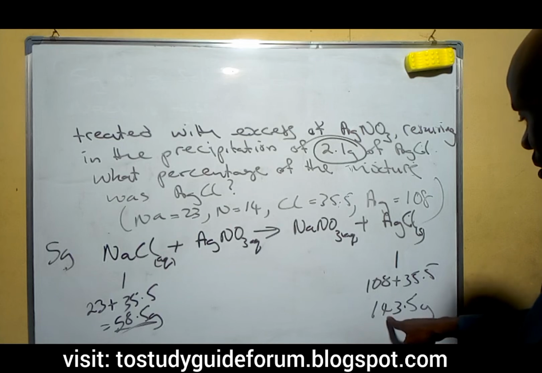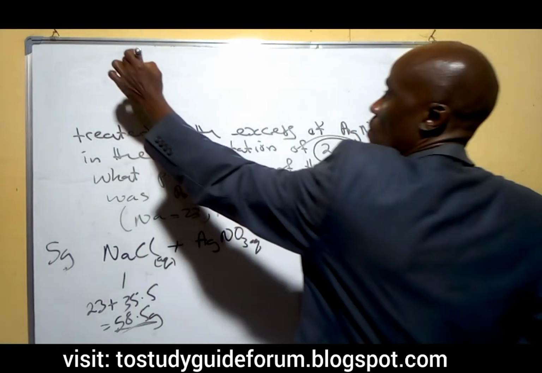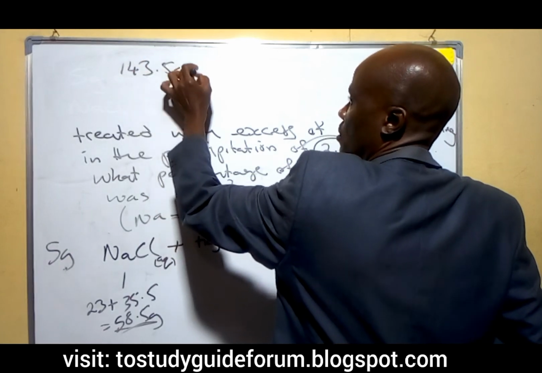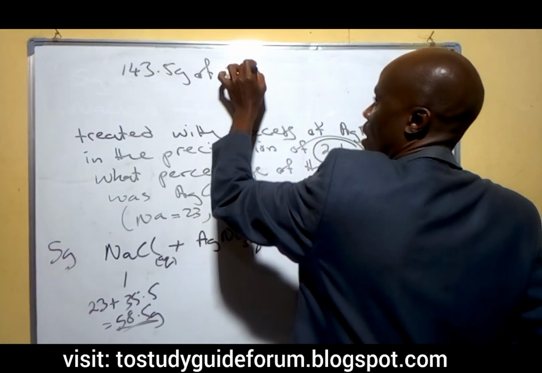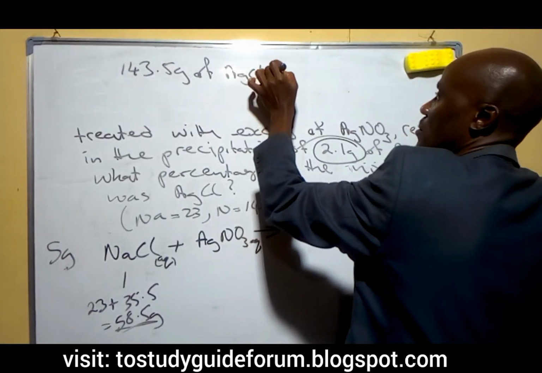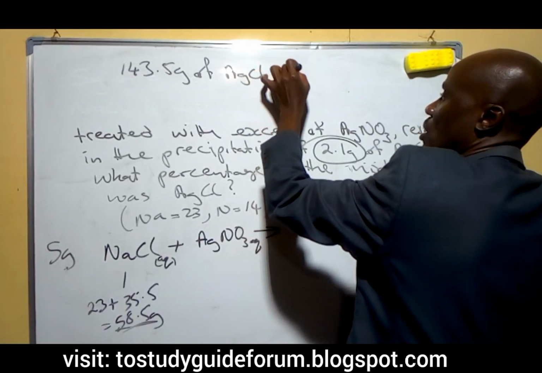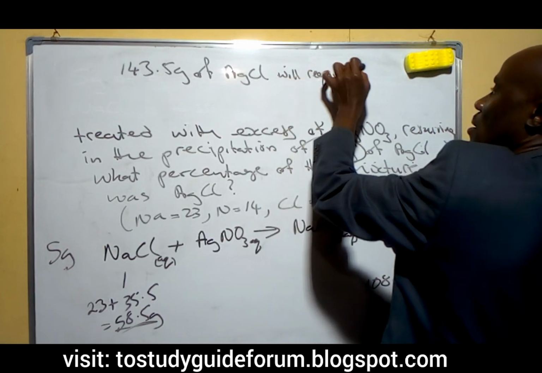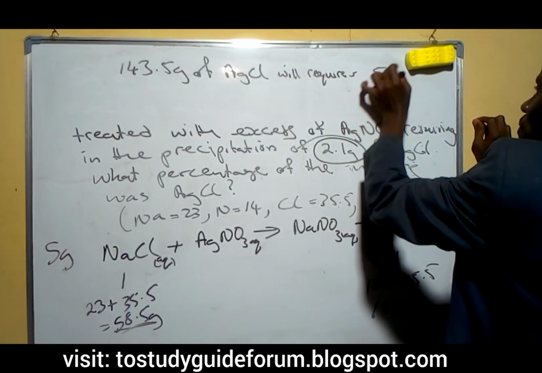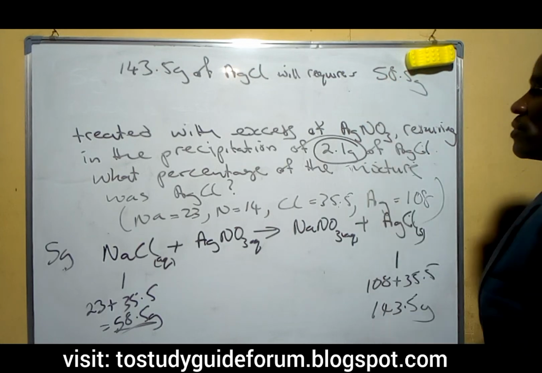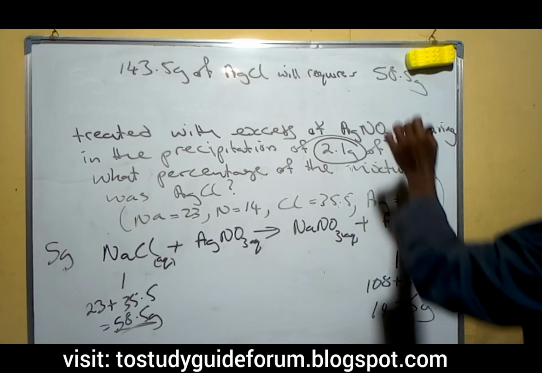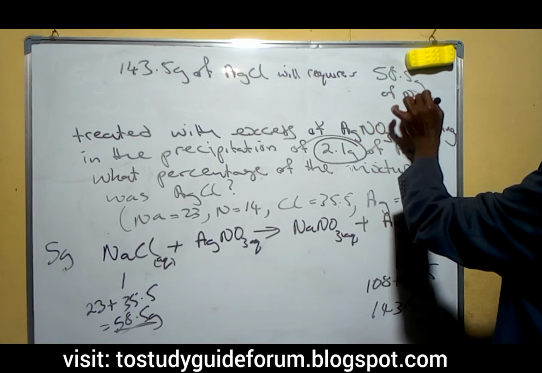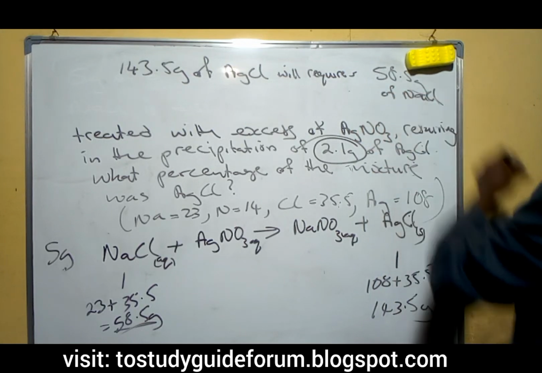So now what it means is that 143.5 grams of silver chloride will require 58.5 grams of sodium chloride.